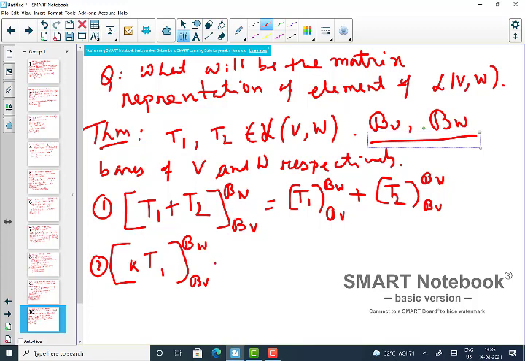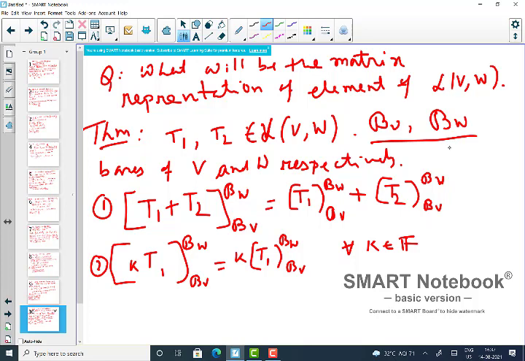This is nothing but: first write down the matrix of T1, whatever is known, with respect to those bases, and then multiply that whole matrix by the constant k. So it is an entry-wise multiplication, and that is true for every k belonging to the field F, where both the linear spaces are over this field.